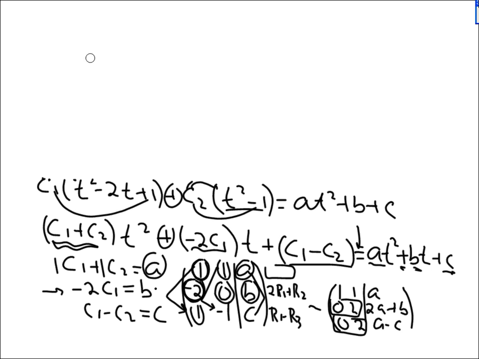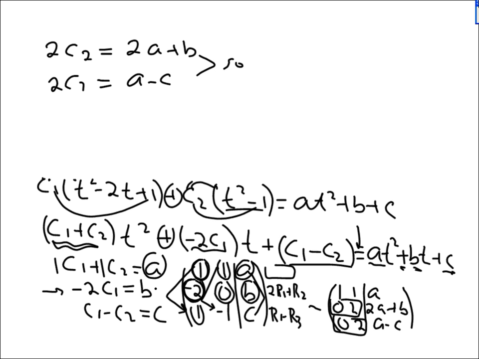The second row says that 2c2 is equal to 2a plus b, and the third row says 2c2 is equal to a minus c. So 2a plus b must equal a minus c.